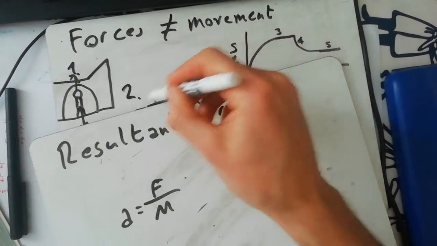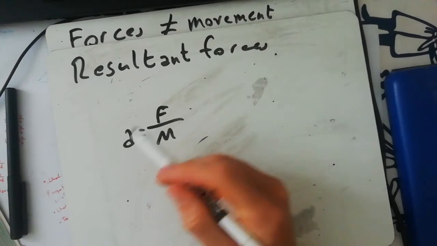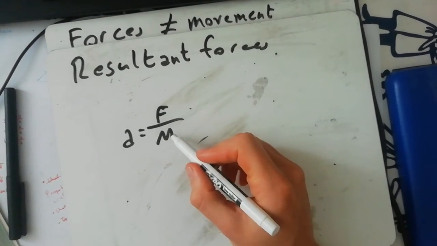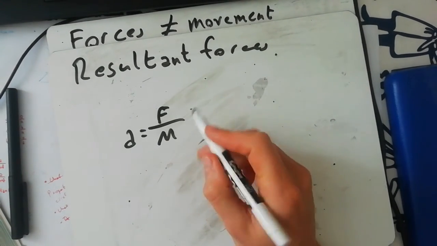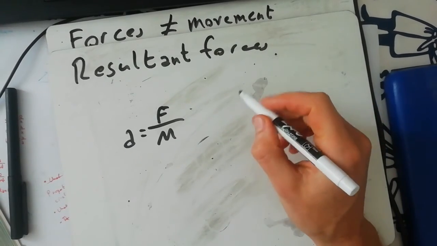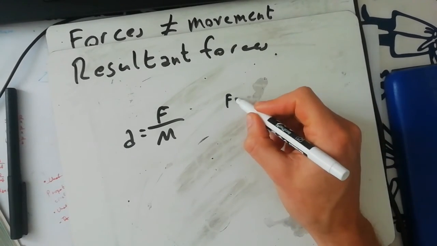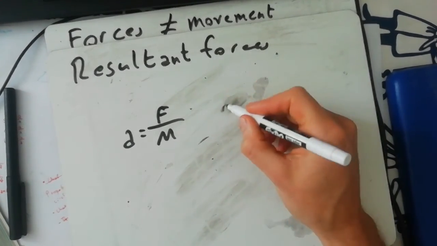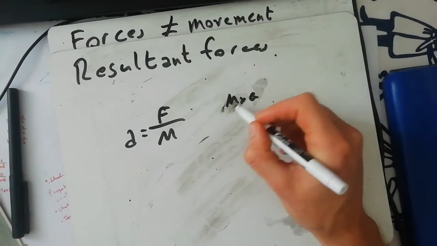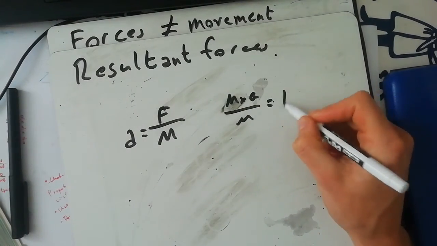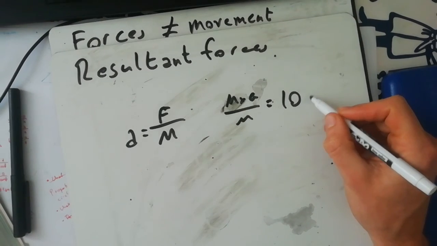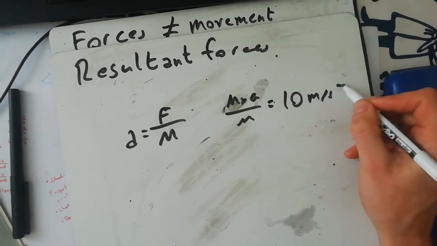Okay, so before there's any air resistance, their acceleration is the force of their weight divided by their mass. Okay, so the force of their weight, well, that's equal to mass times gravity. And if we divide by mass, that means acceleration is just 10. Okay, 10 meters per second squared.